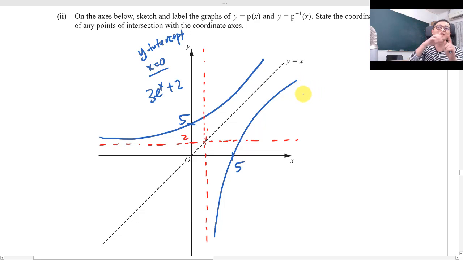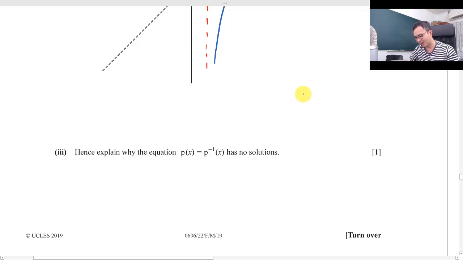They can never intersect at the line y equals x. So this is something you will need to remember. And yeah, this is another hard question here. Hence explain why p(x) and p inverse(x) have no solution. So you can say because they do not intersect.